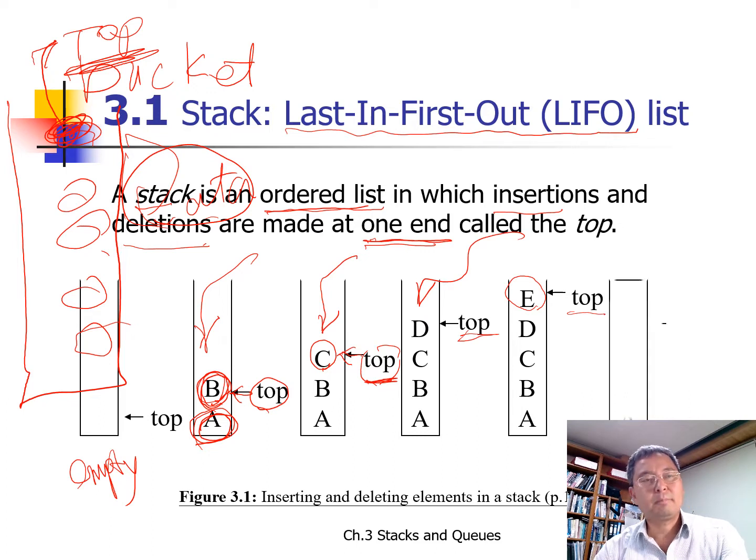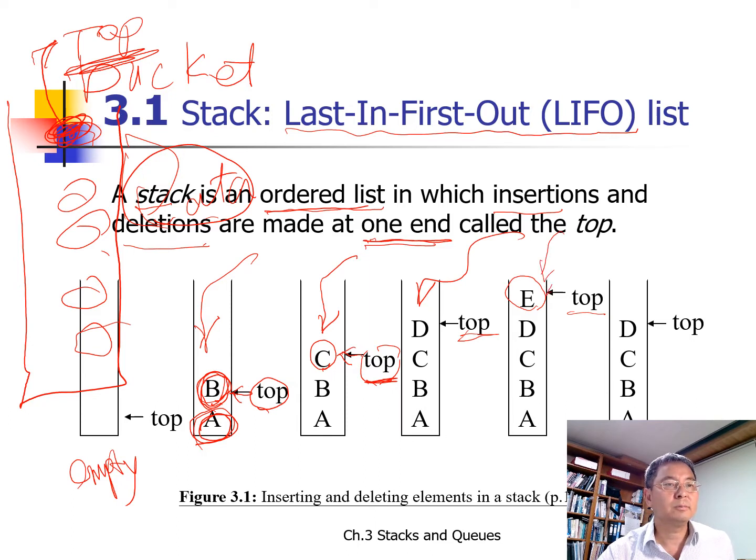And if some data is removed, all the deletion and removal happens at the top. Because E is the highest data in the stack, E must be deleted from this stack first. And the next candidate to be deleted is D. That is a stack.